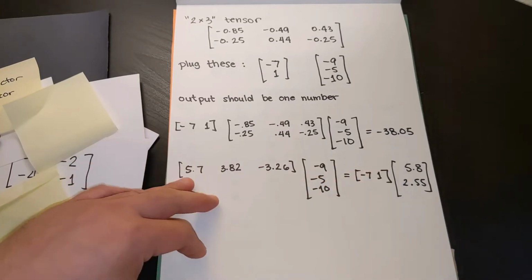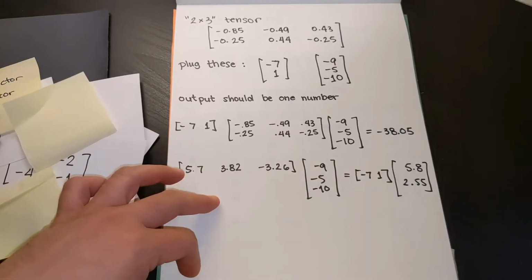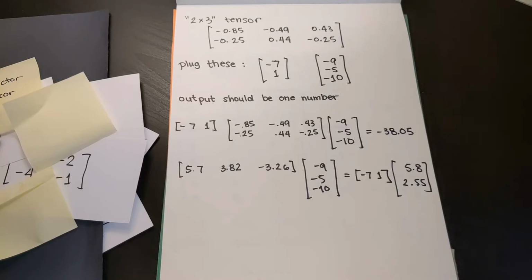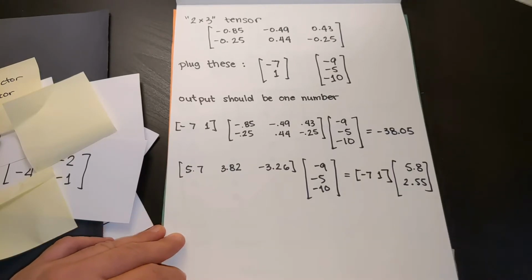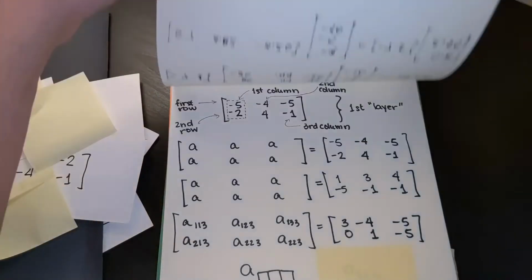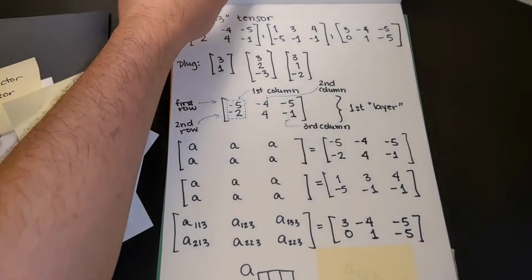Now, what if we have a tensor with layers, like a 2 by 3 by 3? Like this.